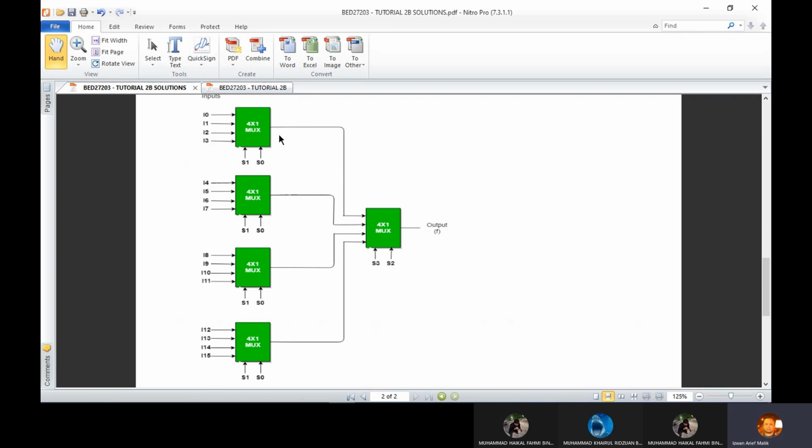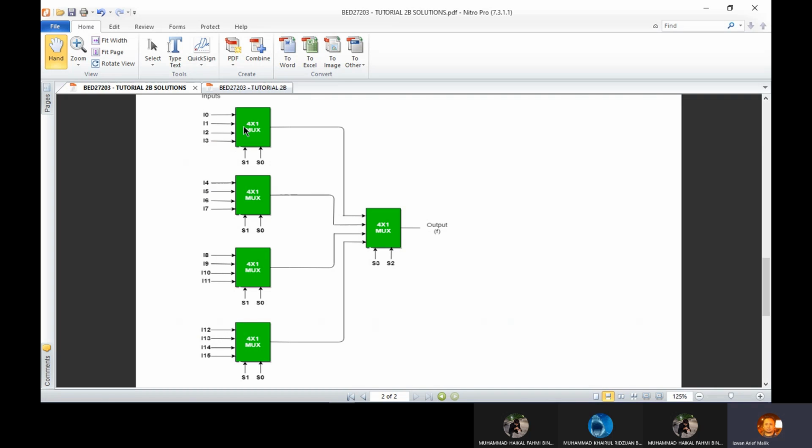Then you connect them 4 in parallel with 1 in series. 4 ni secara selari dan output dia kenakan kepada secara sesiri kepada another 4 to 1 mux. So the first 4 to 1 mux will take the first 4 inputs I0 to I3, second one I4 to I7, third one I8 to I11, fourth one I12 to I15.